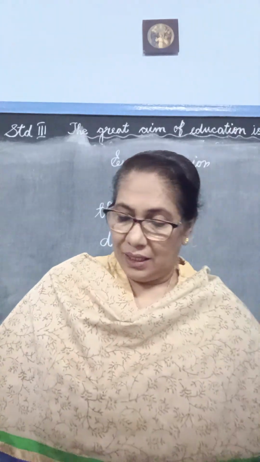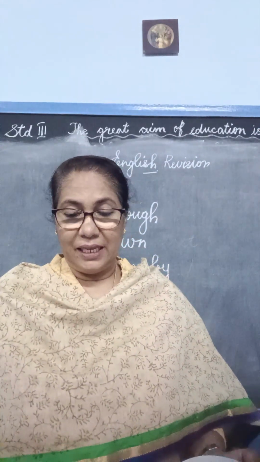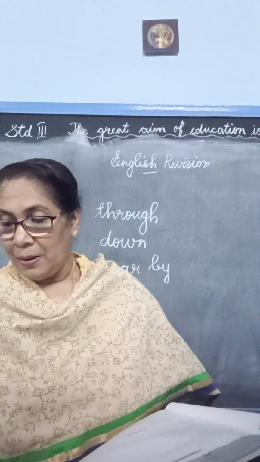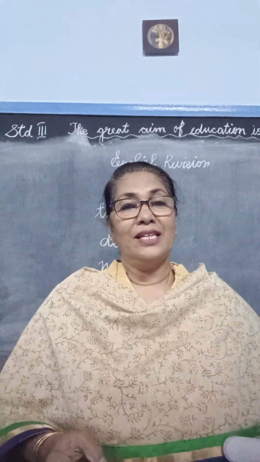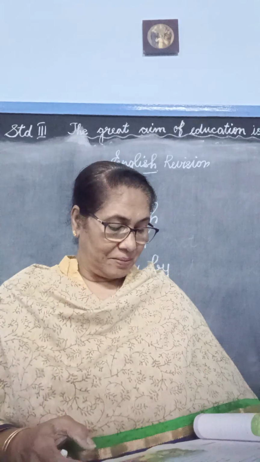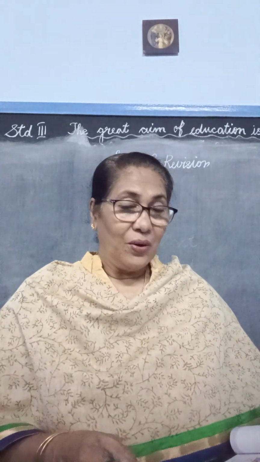Okay. Now let's take your textbook, page number 7. Let's go through the meanings. Sage. A wise person is called a sage.